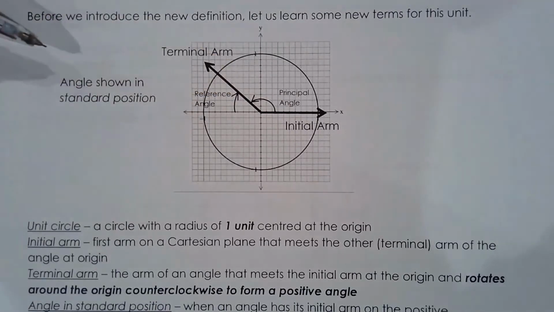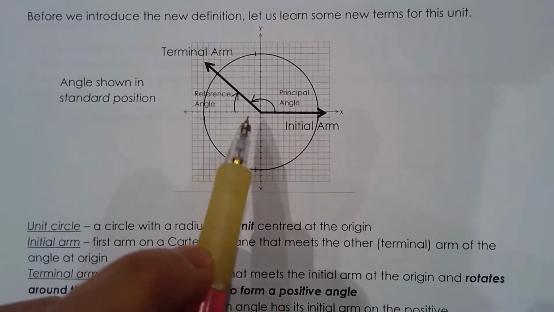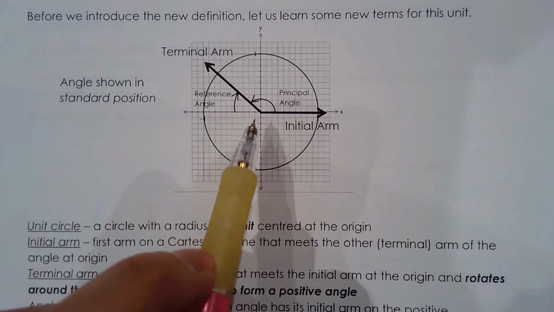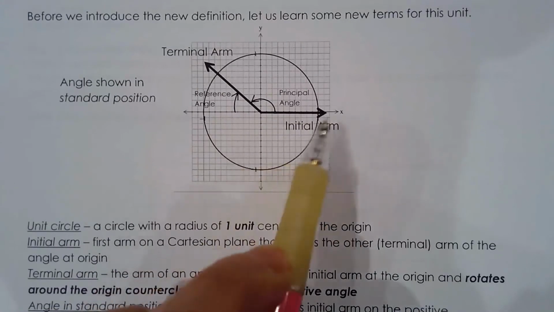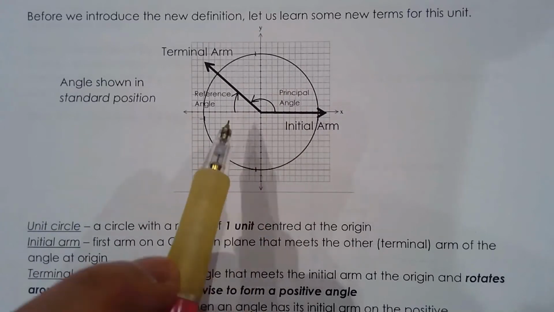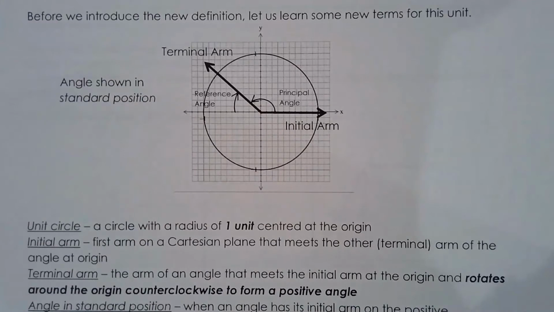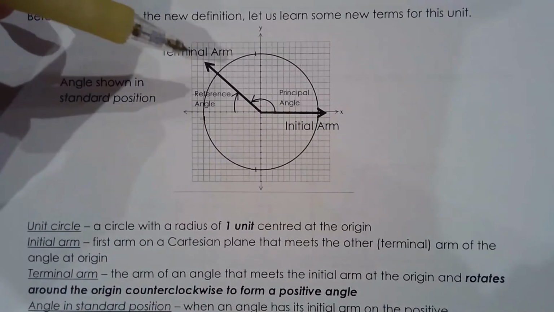And all the angles we're going to work with are going to be in standard position. Now, of course, you don't have to put the initial arm there, but we're going to keep it there. So the arm which is going to move around the circle is called the terminal arm. The initial arm is pinned along the positive x-axis, and we're going to move the terminal arm around the circle, and that will change this angle here, our principal angle.